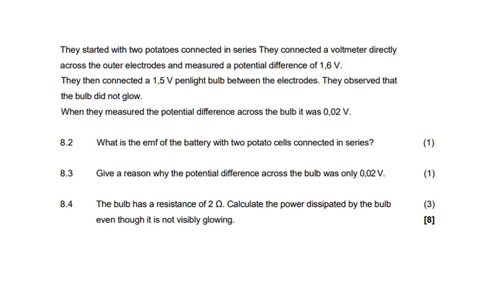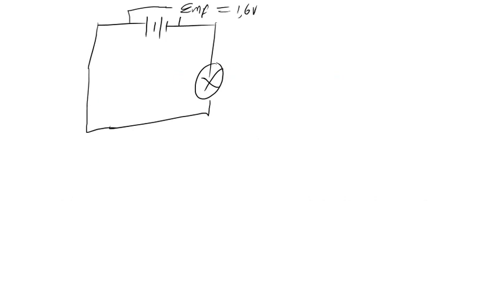Then they say they connected a 1.5 pen light bulb between the electrodes. You see, between the electrodes. I'll just draw a light bulb there between the electrodes to make it simple.